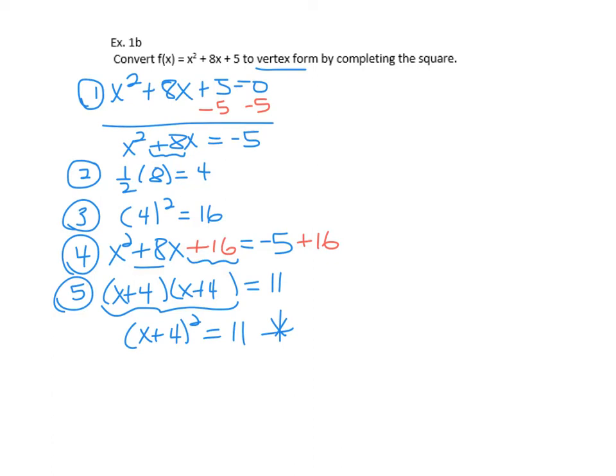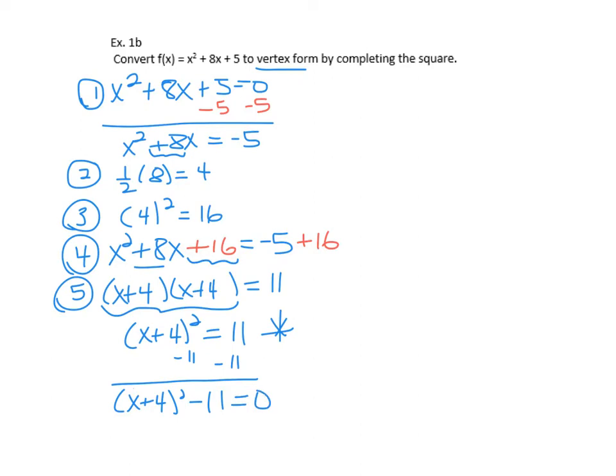So if we're going to convert to vertex form, we're going to move 11 over, and then it equals 0. Oops, hang on. I was one step ahead of myself there. Sorry. We have x plus 4 squared minus 11 equals 0.